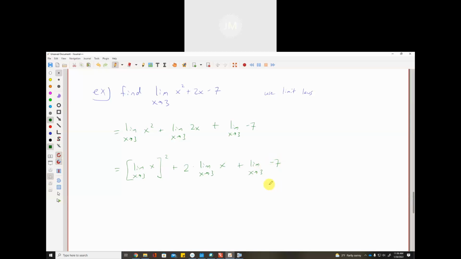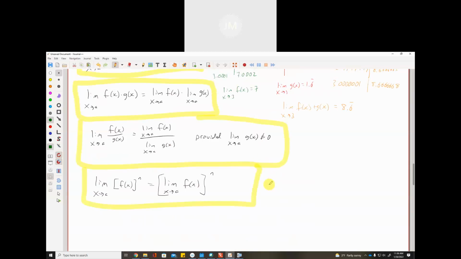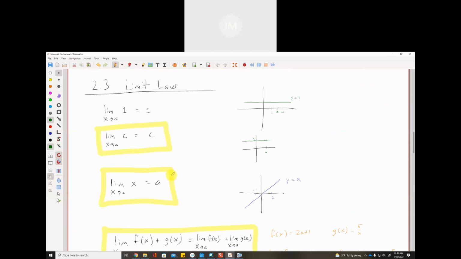And then I can actually compute these limits directly because we started off by saying if you're taking a limit of just x, the limit as x approaches a is just a. So you can just replace that limit with the number a. And if you're taking the limit of a constant, you can just replace that whole limit with just the constant.